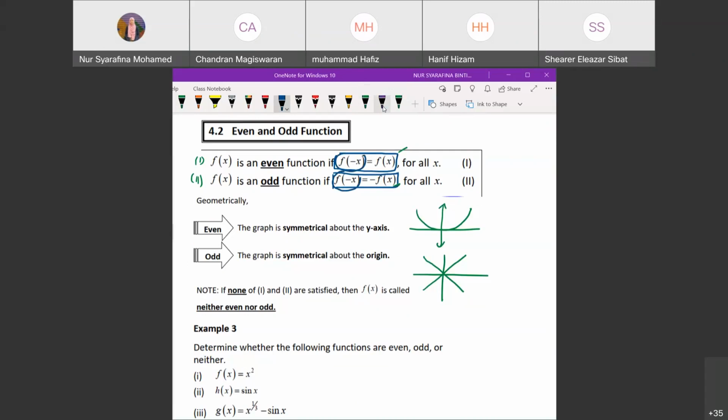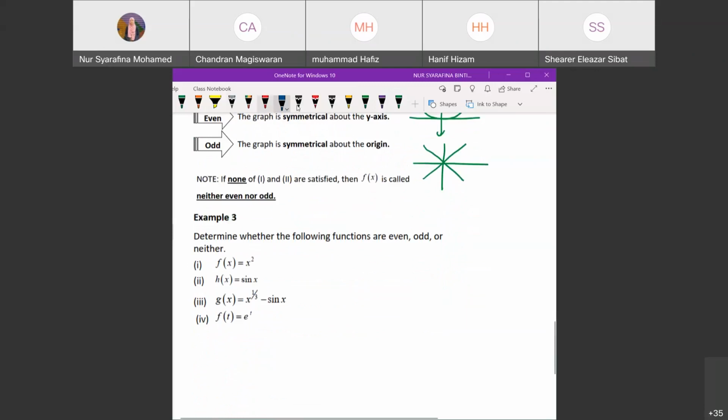If neither, then it is neither even nor odd. So let's try the first one, which is easy. When f(x) equals x squared, then f(-x) is (-x) squared, which equals x squared, equivalent to f(x). So f(-x) equals f(x), then this one is even.